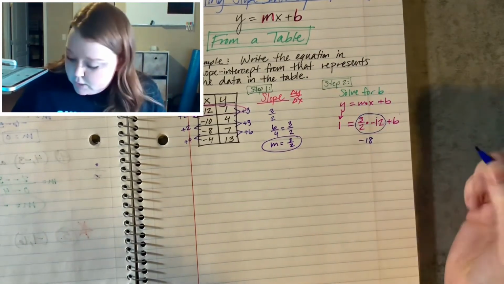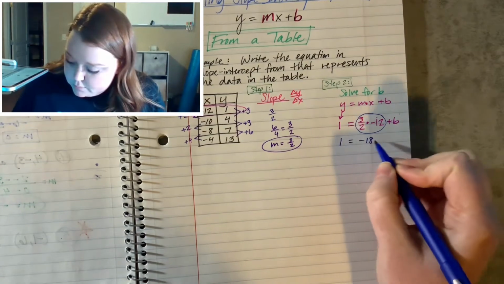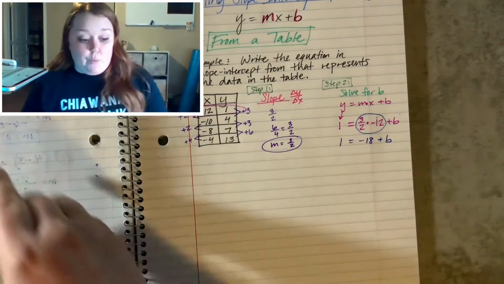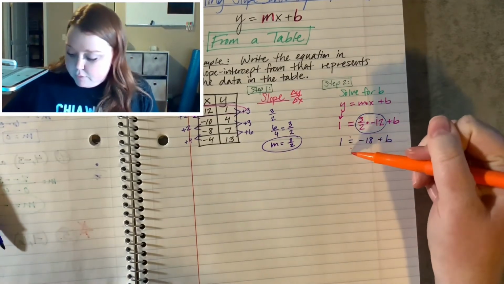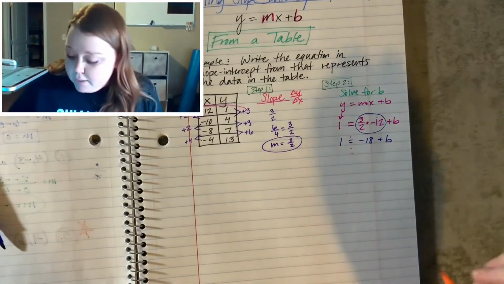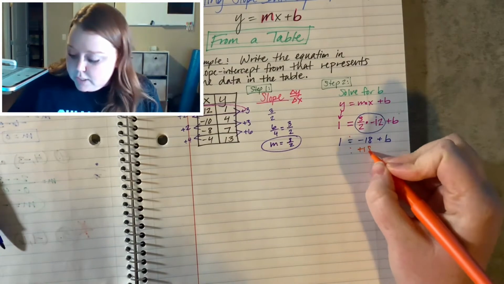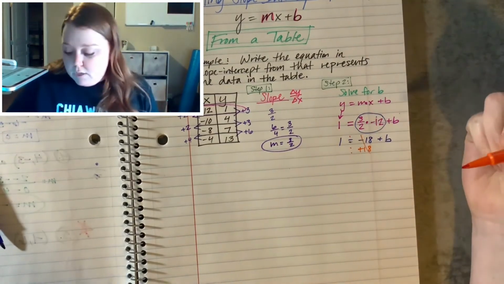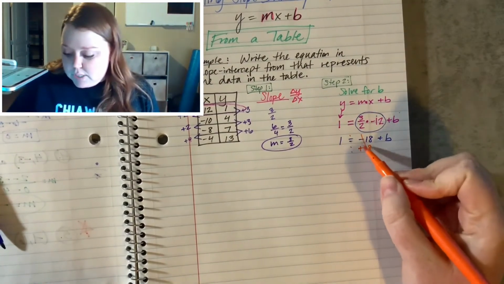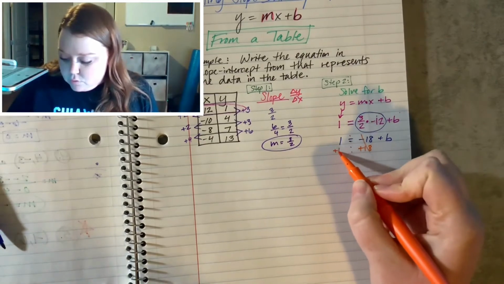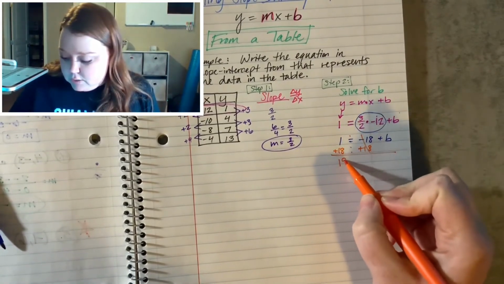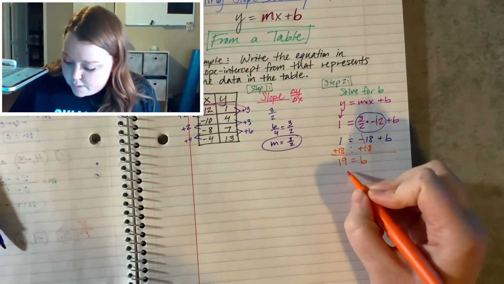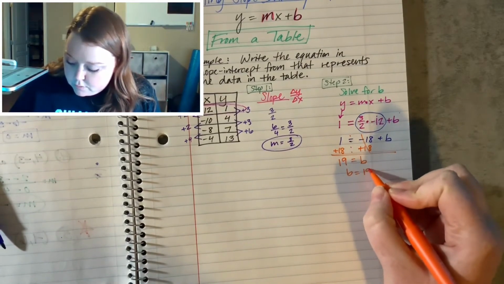Okay, drop down everything else, and we got to get b by itself. I basically got to get rid of this -18. How do I do that? I add 18 to it so that it cancels to nothing. But whatever I do to one side, I have to do to the other. 1 plus 18 is 19. So I just found that my b value is 19.